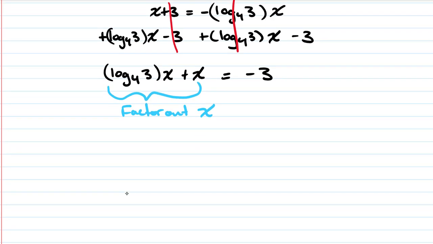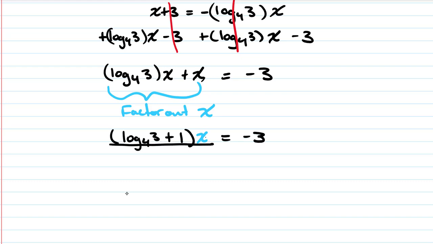And when I do so, that leaves behind the logarithm base 4 of 3 plus 1, and that 1 comes from factoring out that x. If I multiply this back in with the distributive property, 1 times x gives me x, and x times log base 4 of 3 gives me the first term, equals negative 3.